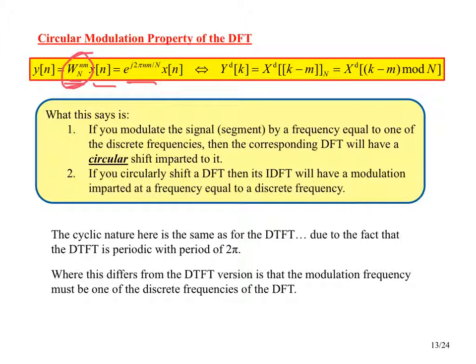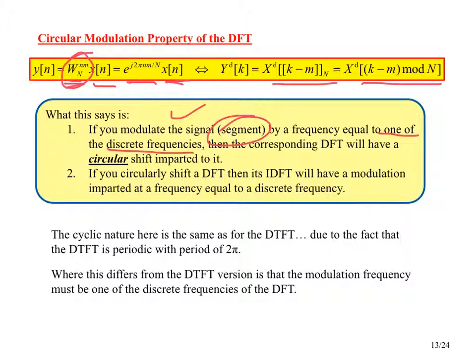So we can write that either using the double bracket notation, or we can write it with the mod n notation. So basically it says if we modulate the signal, and again we're talking about a signal segment, so this x is just a little block of our signal, by a frequency equal to one of the discrete frequencies of the DFT, then the corresponding DFT has a circular shift imparted to it.